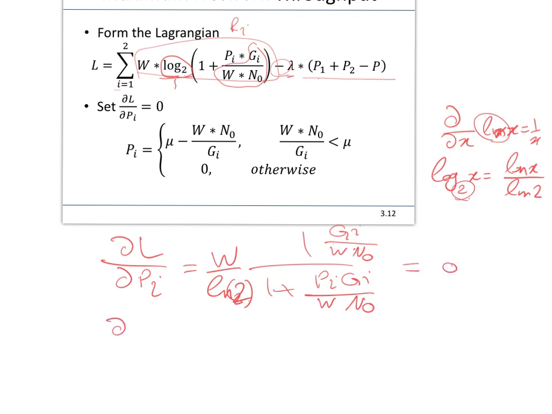And of course, the derivative of L with respect to lambda is P1 plus P2 minus P equals 0. So now we have 3 equations in 3 unknowns. We can achieve P1, P2.